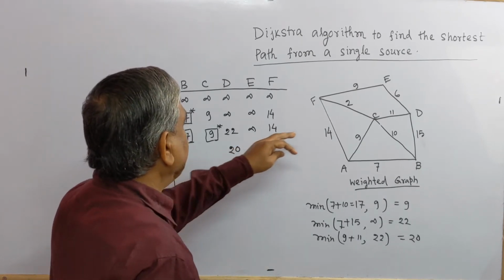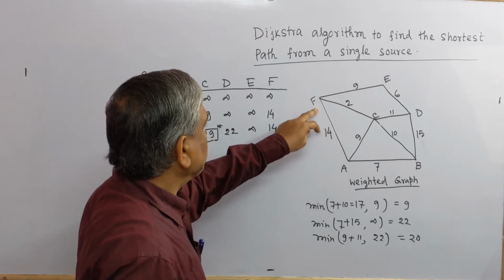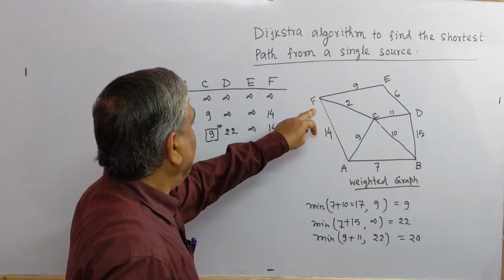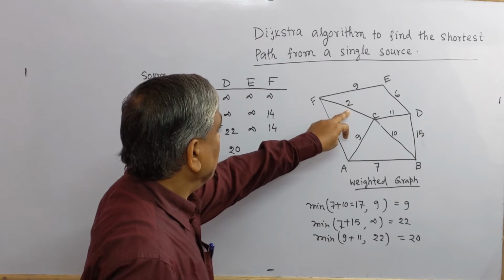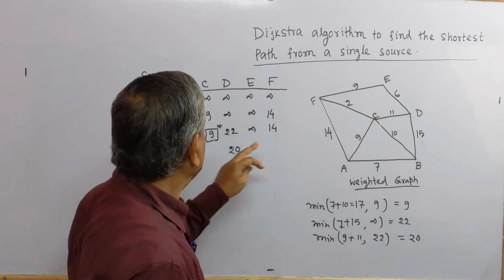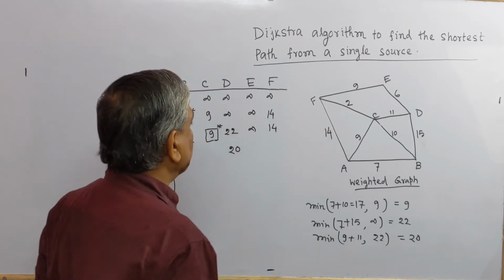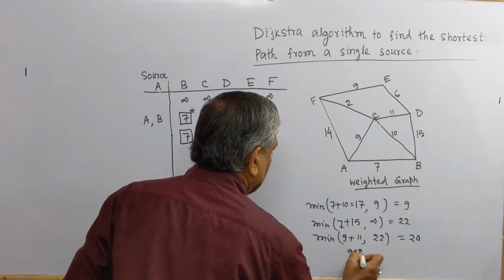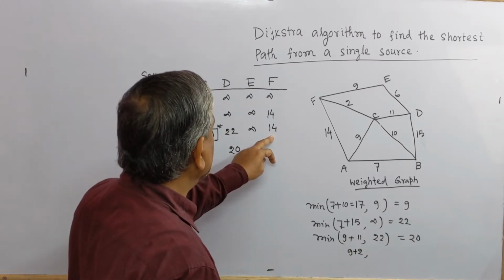Now the vertices adjacent to C also include F, and here we have the number 2. Already A to C is 9. 9 plus 2 is 11, and previously the distance was 14.